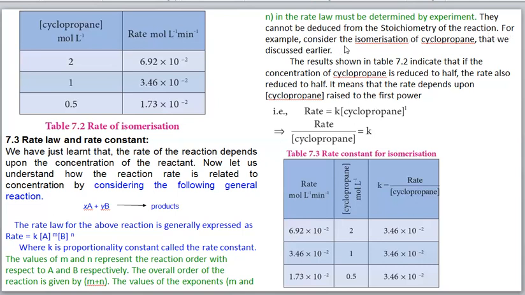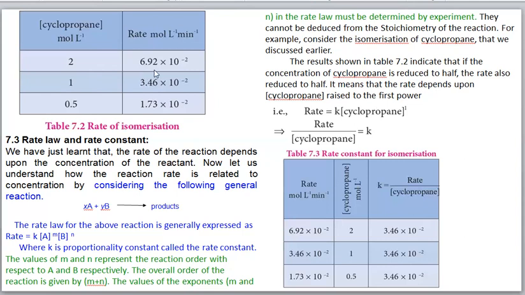For example, consider the isomerization of cyclopropane that we discussed earlier. The results shown in table 7.2 indicate that if the concentration of cyclopropane is reduced to half, the rate is also reduced to half. You see here, the concentration is 2, this concentration is 1.